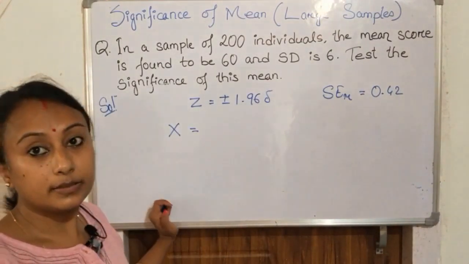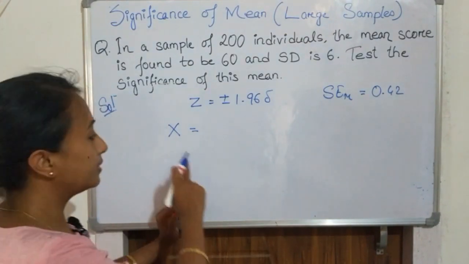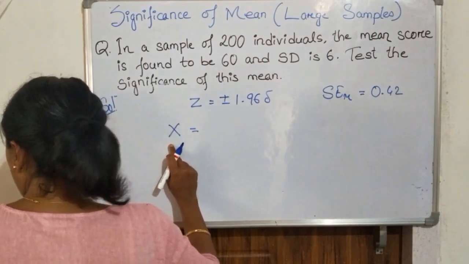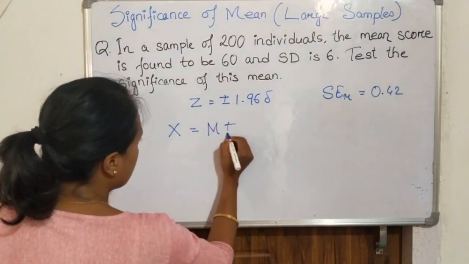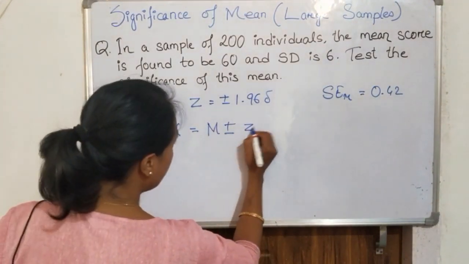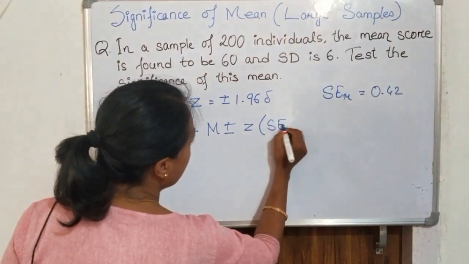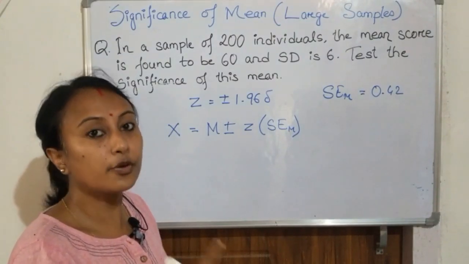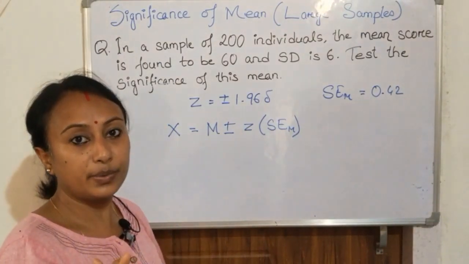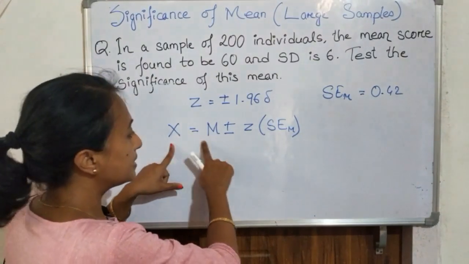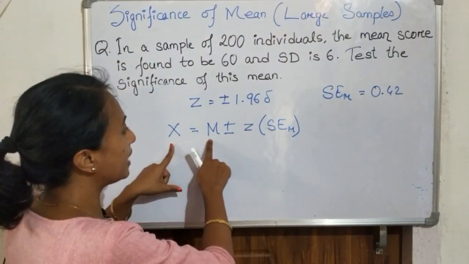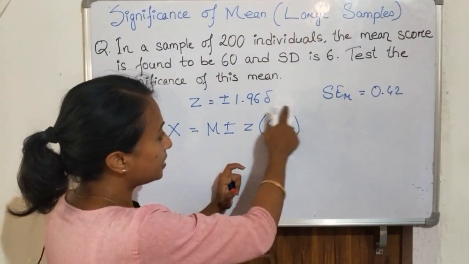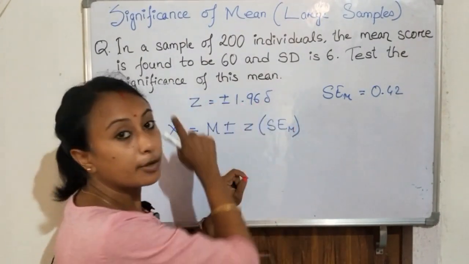In the NPC unit also we have used a formula like this, where X is equal to M plus minus Z into standard deviation, but here it is a little different: our standard deviation would be the standard error of mean.